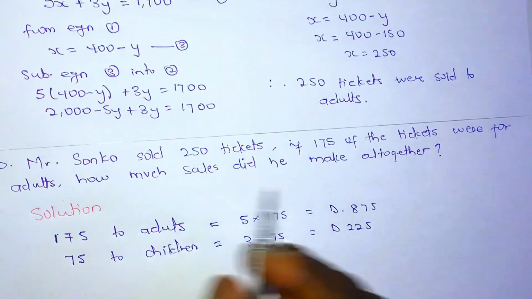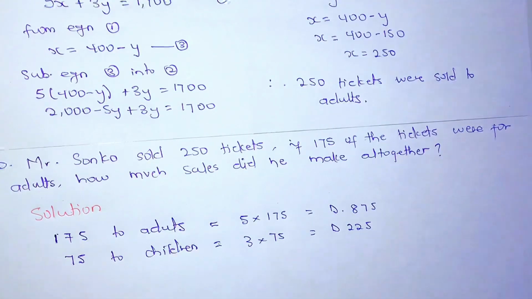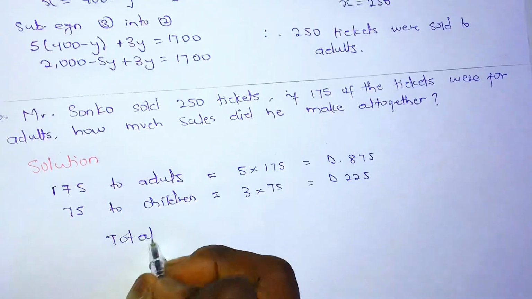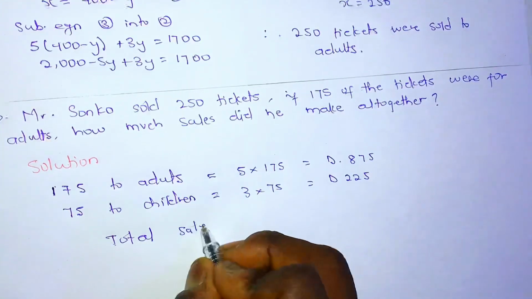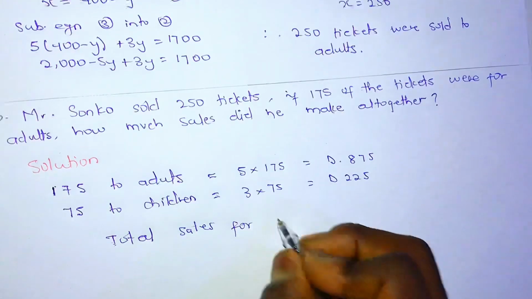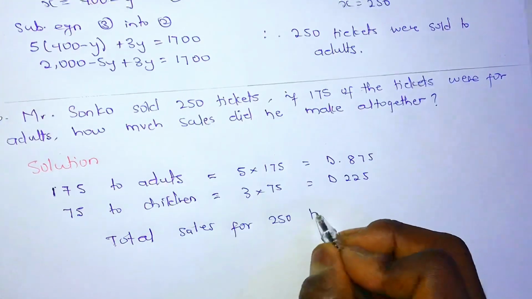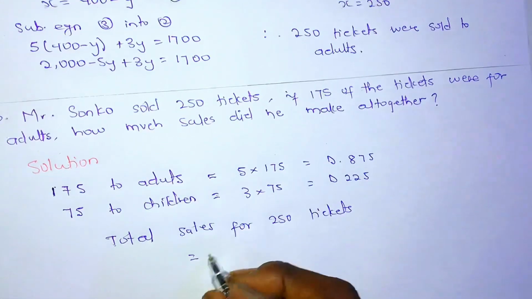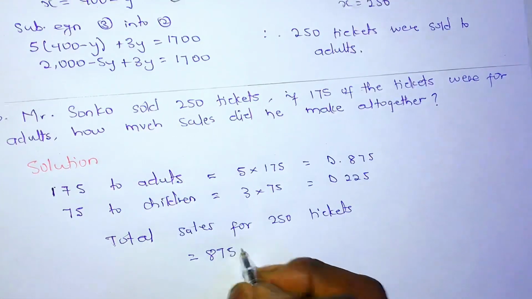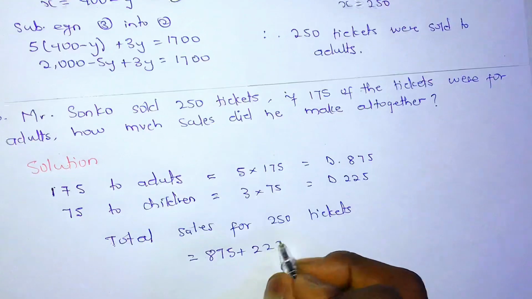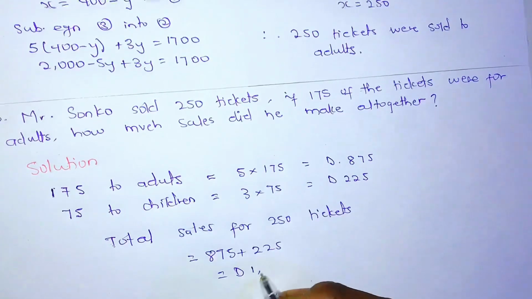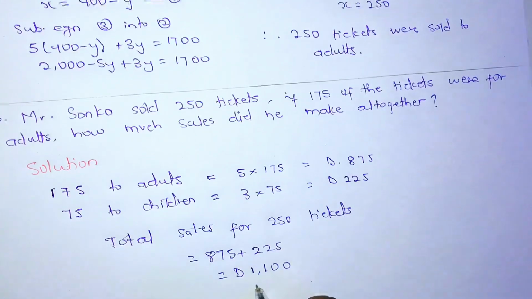So total sales for 200 tickets is going to be 875 plus 225, and this gives us $1,100.